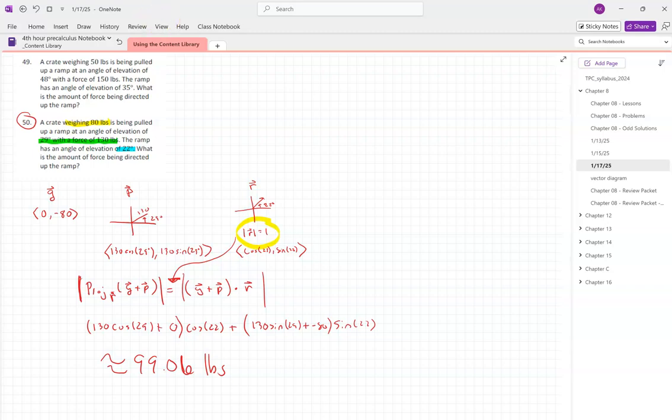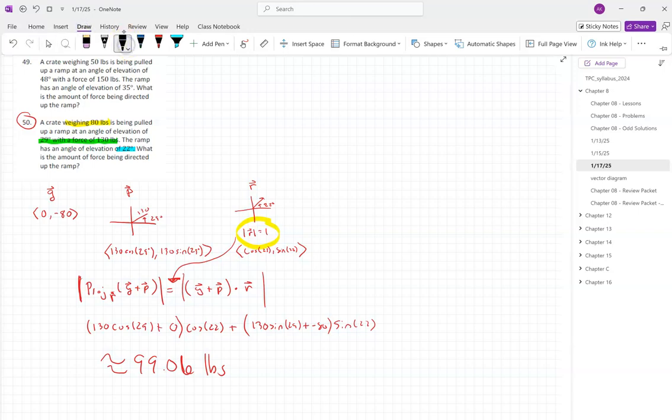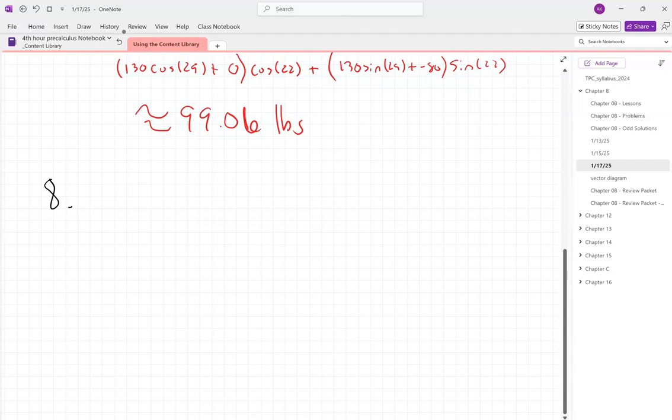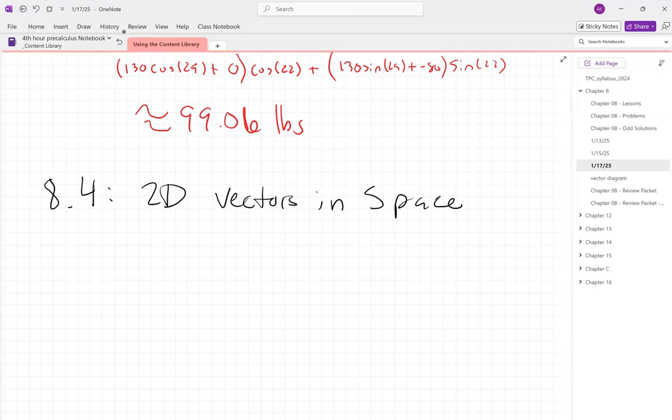Cool. All right. Well, then for today, we're going to finish up things in Chapter 8. In Section 4, we're going to be looking at two-dimensional vectors in space.